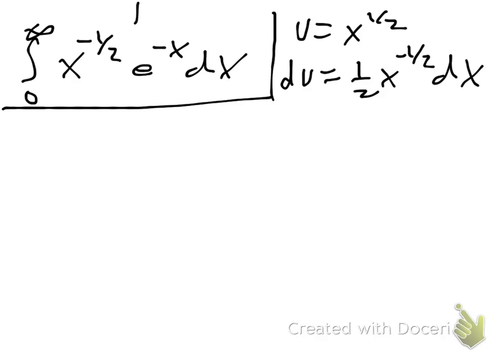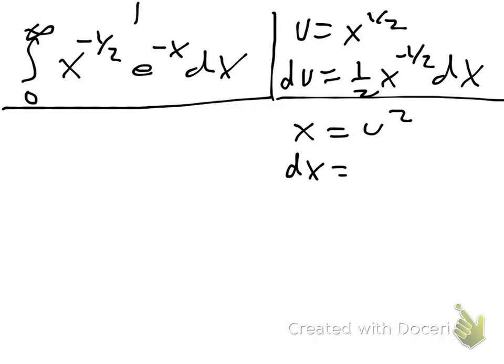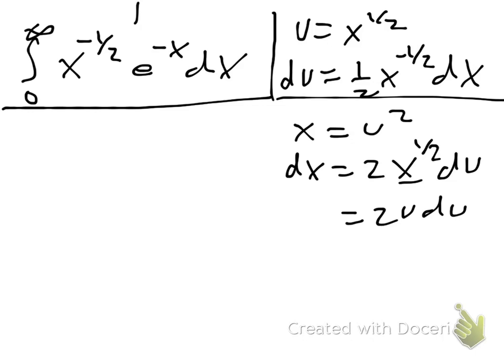Alright, so replacing all this in terms of u gives us that x is u squared, and that dx is going to be 2 x to the 1/2 du, but x to the 1/2 is just u, so this is equal to 2u du.